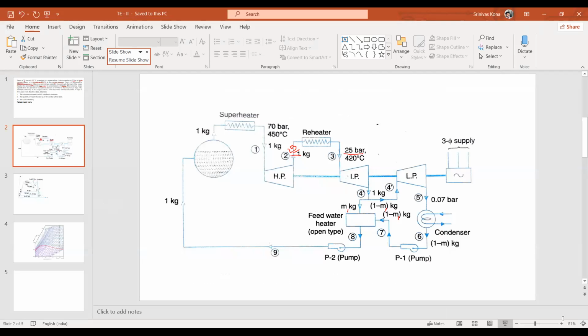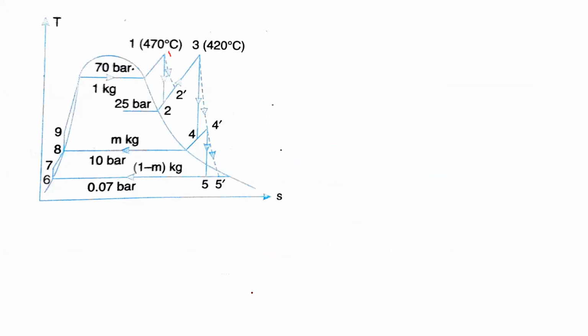Here I am taking the value. For this, the first condition is the pressure at which the steam bleed is taken. That is equal to Psat, the saturated pressure.